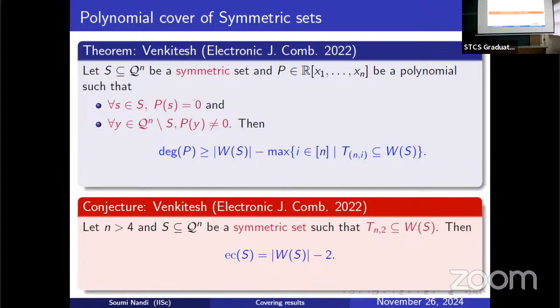Is it the same? No, because suppose T_n^3 is a subset of W_S. Oh, I see. Even if T_n^3 is a subset, for any S such that T_n^2 is a subset, you need W_S minus 2. Yes. So the conjecture was that for this case, we'll get a strict separation between polynomials and hyperplanes.